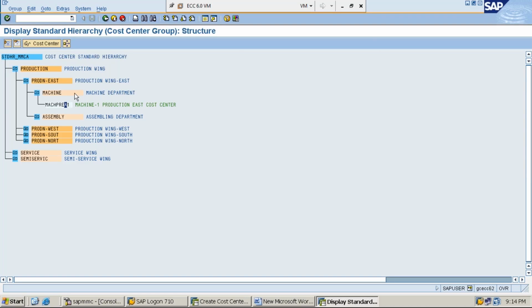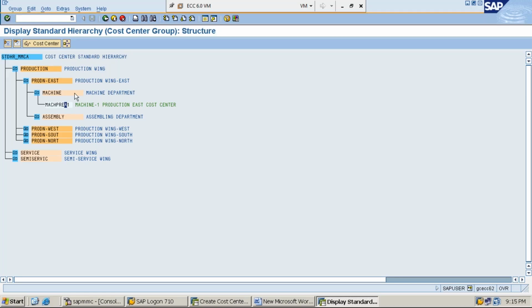What exactly is a cost center basically? I have already mentioned some points. Cost center is the lowest level or smallest unit within the standard hierarchy, which will not be further bifurcated into divisions and subdivisions or departments or sub-departments.